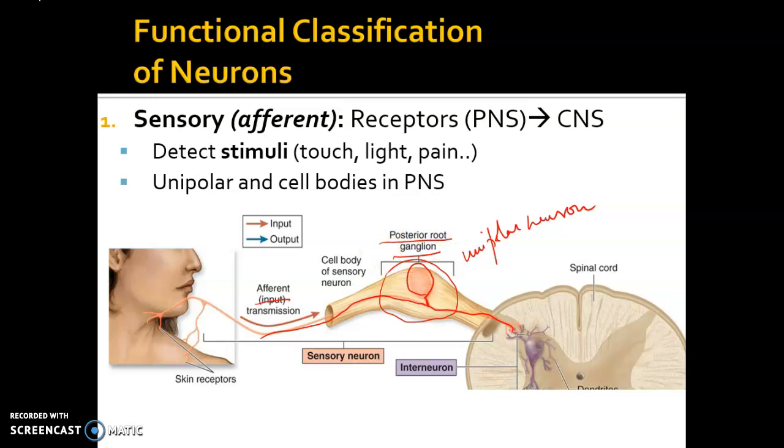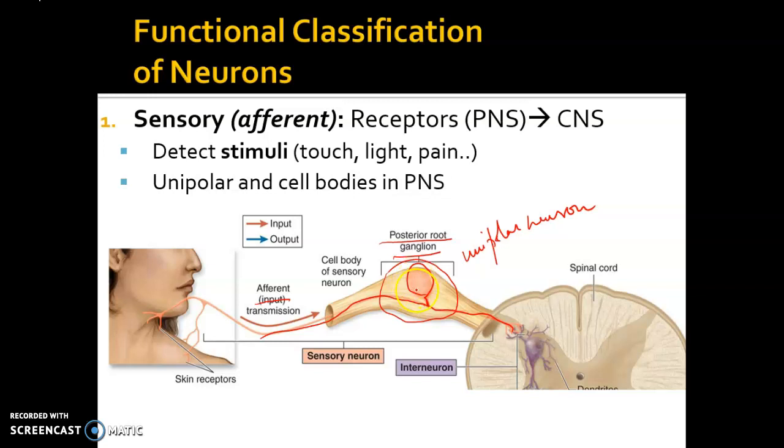So, how did we define a ganglion? A ganglion is defined as a group of cell bodies outside the central nervous system. So here we see we are only looking at one, but there are many cell bodies here.